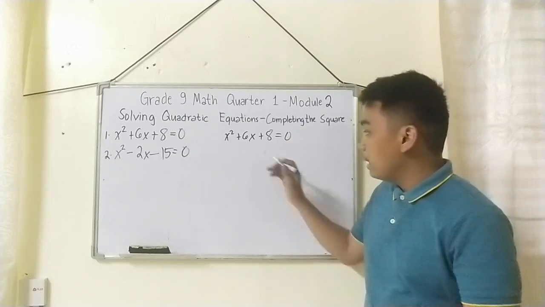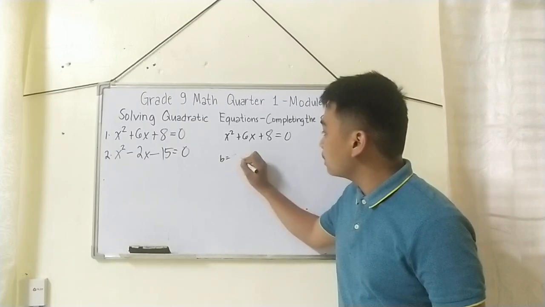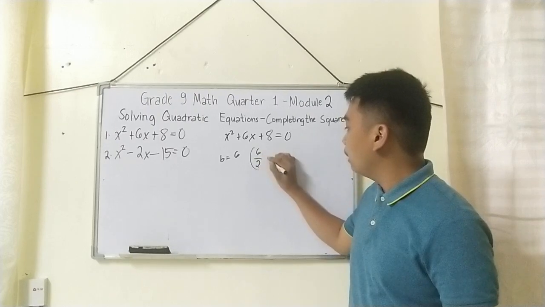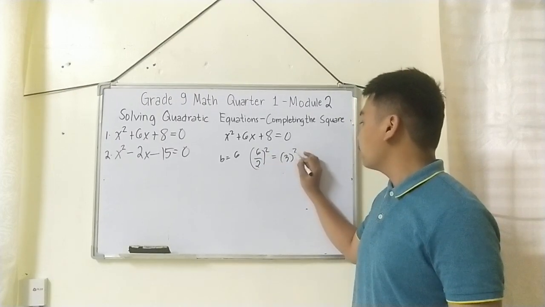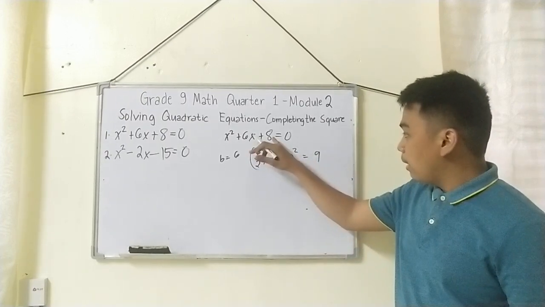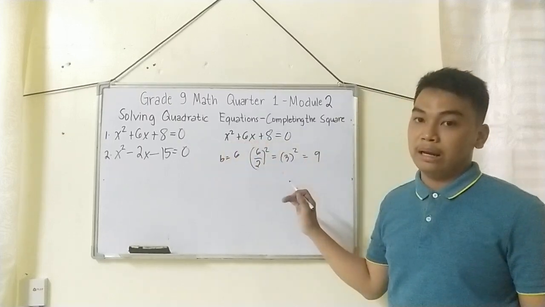First, we divide our b by 2. Our b here is 6. So we divide by 2, then square the result. So we have 3 squared, and 3 squared is 9. And as you can see, 8 is what is written here. That means this is not a perfect square trinomial.